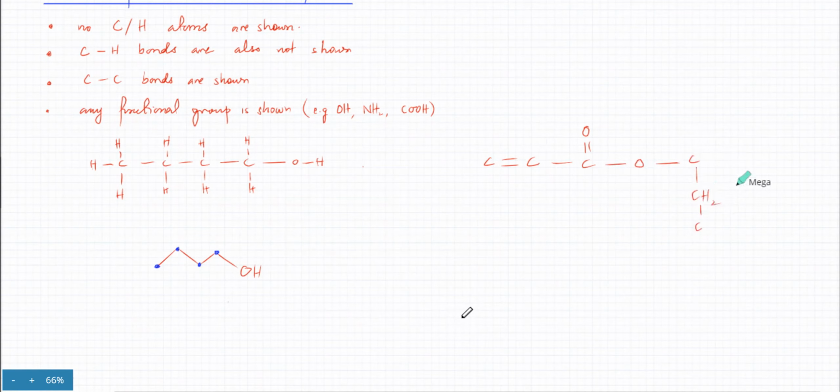But let me draw the fully displayed version. CH2, and then there is CH3. Then there is C, H3. This one will have one H. This one will have one H, and let's say there's OH attached, another H attached.